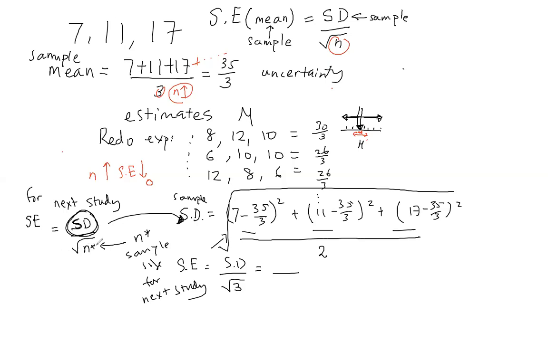And you want to prevent this from going above 1. You want the SE, which is given by this expression, to be at most 1. So then you just rearrange and you will get your n star is greater than or equal to SD squared.